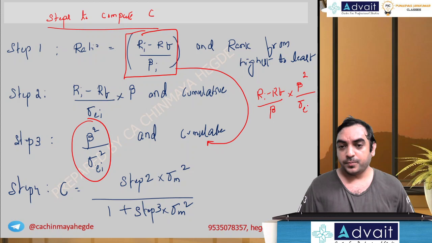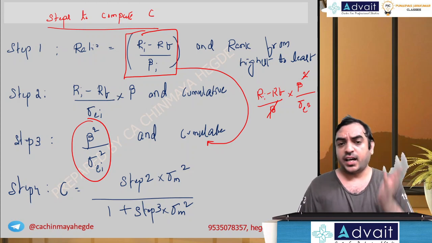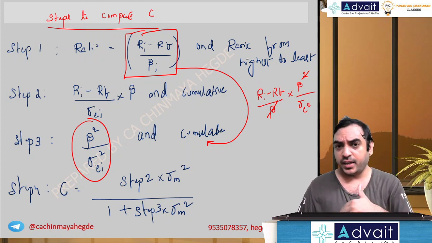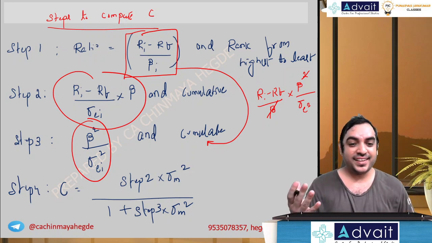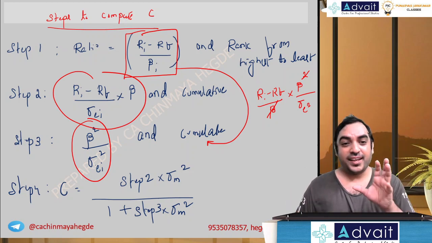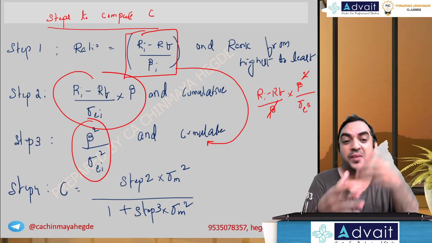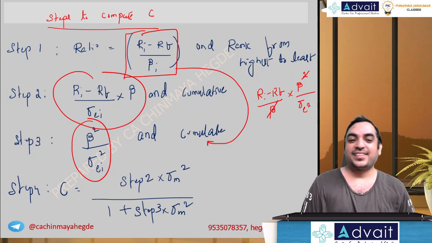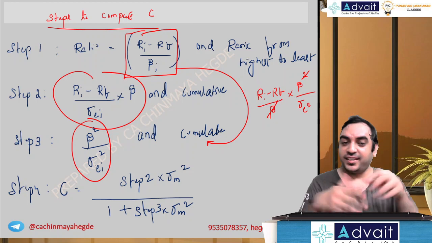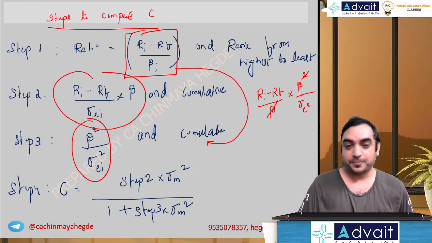What will happen? This beta square by beta, so beta gets cancelled, the square gets cancelled. So what I remain with is Ri minus Rf into beta by sigma e square. That's what I get in step 2. Beautiful, isn't it? Step 1 you take, and step 3 you take. Those two you multiply. That's how you simply get step 2. Step 1 into step 3, you get step 2 automatically. This will help sometimes.